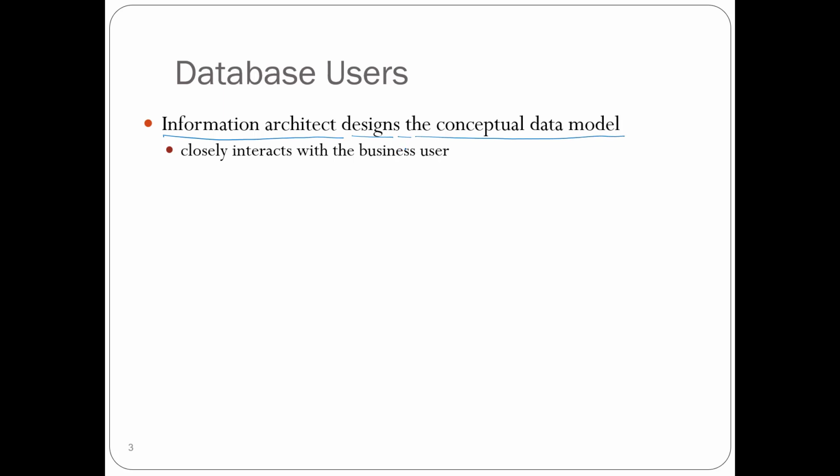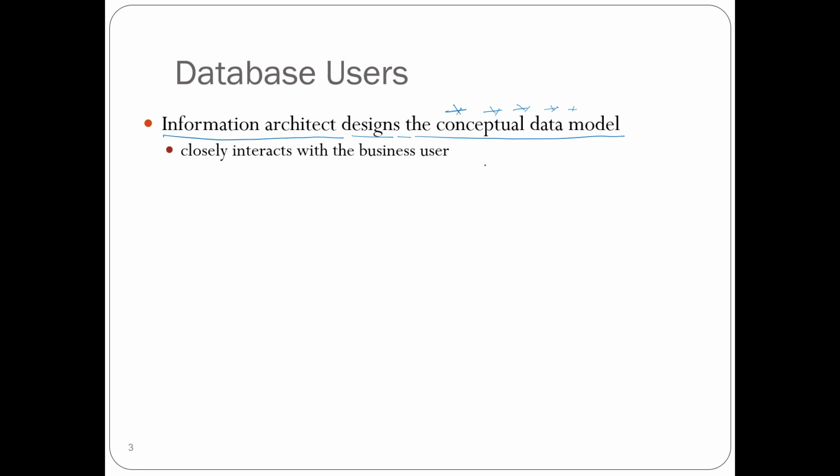There are different kinds of data models. We have conceptual data model, logical data model, internal data model, as well as external data model. Now this conceptual data model is an extremely important data model because I believe from that stage, the actual database design starts.